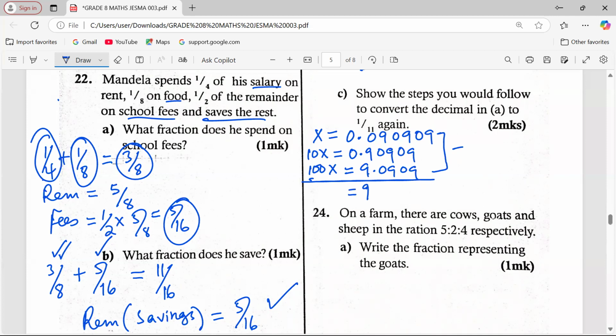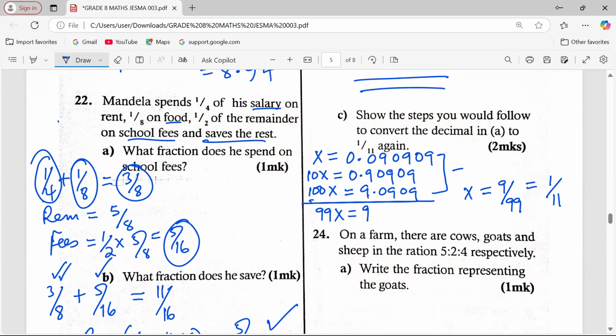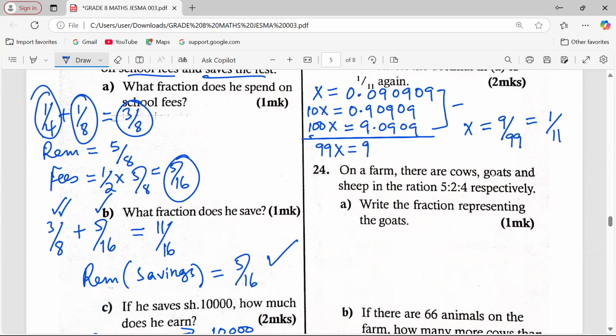Now here, it will be 100x minus x, which is 99x. So the value of x now will be 9 over 99. And this can simplify by 9, 1 over 11. So those are the steps you're supposed to follow to get back the fraction from a recurring decimal.